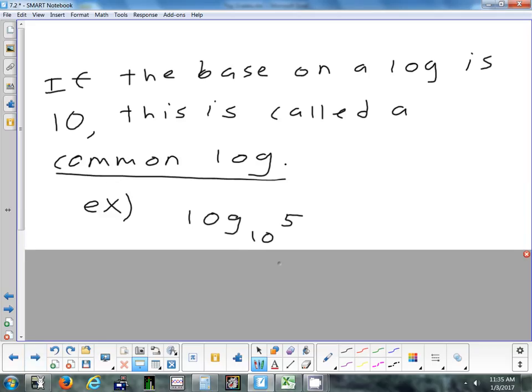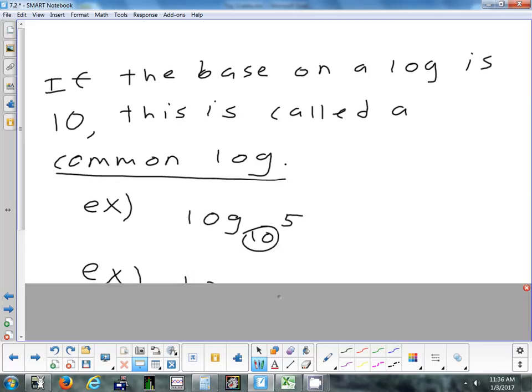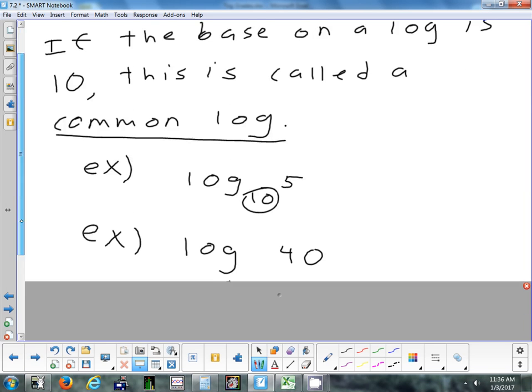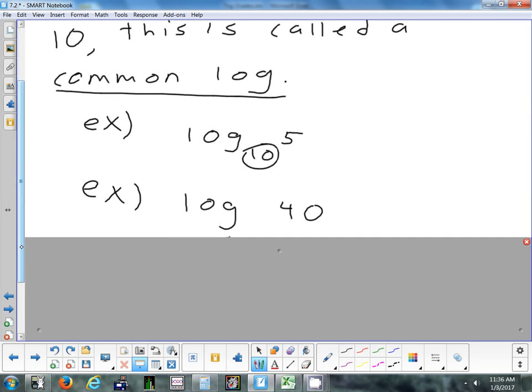That's an example of a common log. Why? The base is a 10. That's also an example of a common log. Because common log is used a lot, you don't have to write the base.